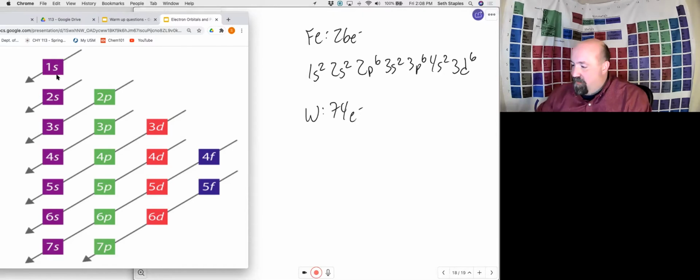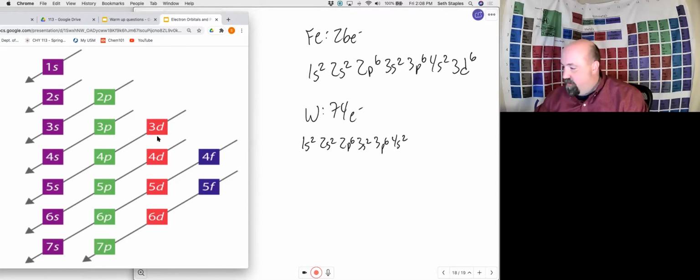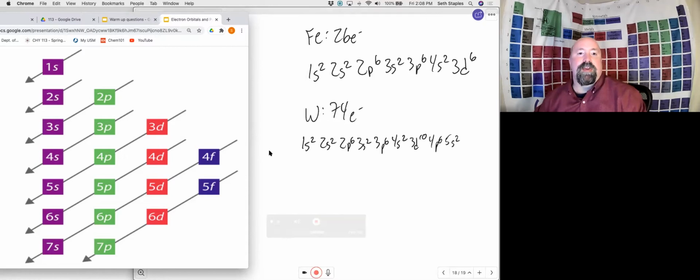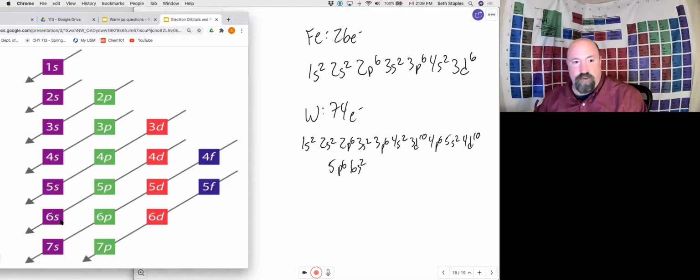So we're going to start with 1s, 1s2, come around to 2s2, come around to 2p6, 3s2, then come around to 3p6, 4s2, then we'll come back around to 3d10, then 4p6, then 5s2, and then we're going to come to 4d finally, 4d10, 5p6, 6s2.